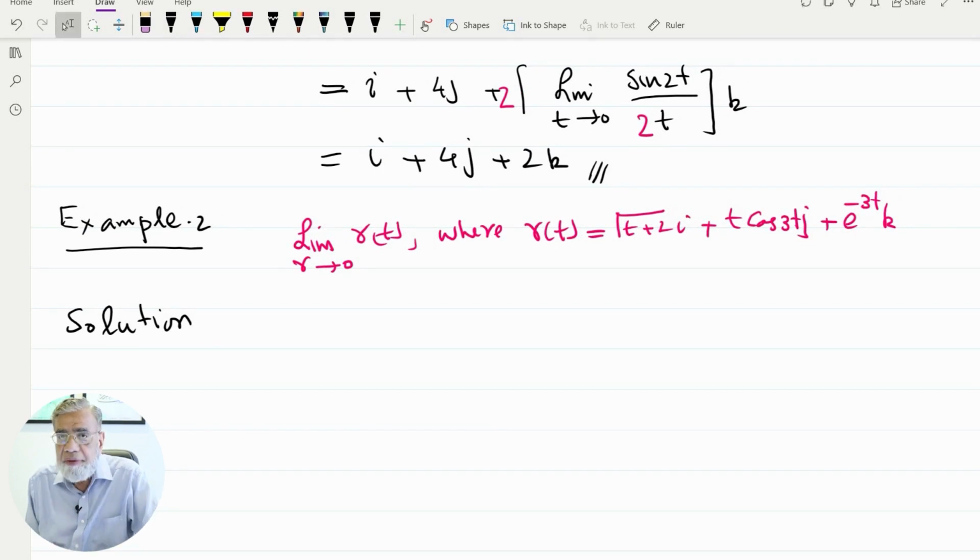Example 2: the limit of r of t when t tends to 0, where r of t is equal to (root of t plus 2)i plus t cosine 3t j plus e to power minus 3t k.